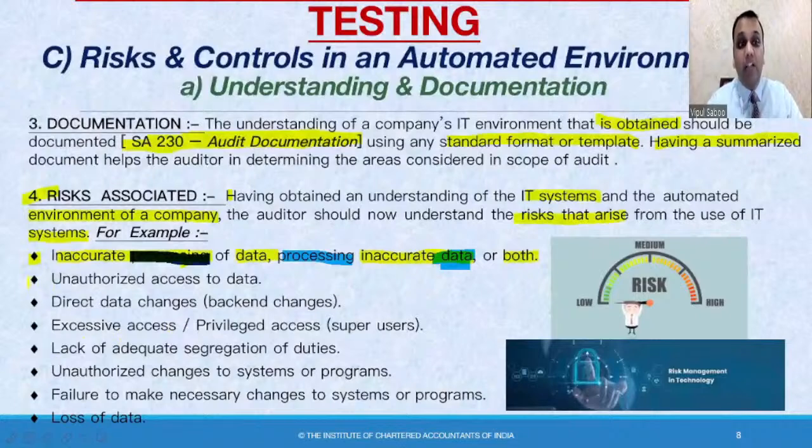Second part, unauthorized access to the data. So if proper controls are there, a person who has access to the data should be properly authorized. Nobody should be walking into my office and accessing any data on the computer.